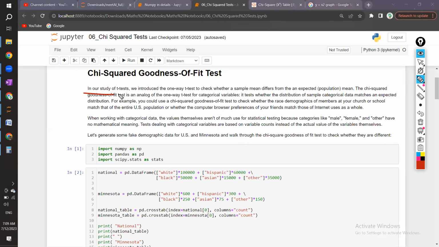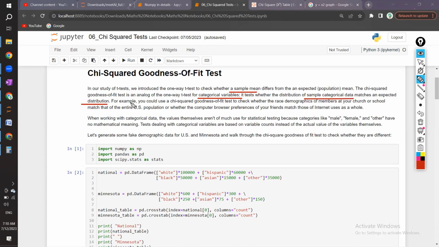In our study for t-test, we introduced the one-way test to check whether a sample mean differs from the expected mean or not. In the one-way t-test, we are checking if one sample mean is different from the population mean. The chi-square goodness of fit test is an analog of the one-way t-test for categorical variables. It tests whether the distribution of sample categorical data matches an expected distribution or not.